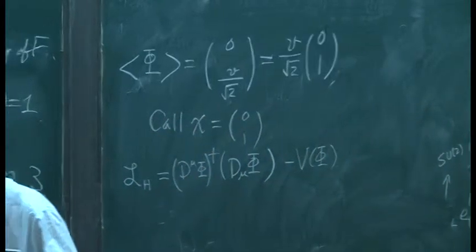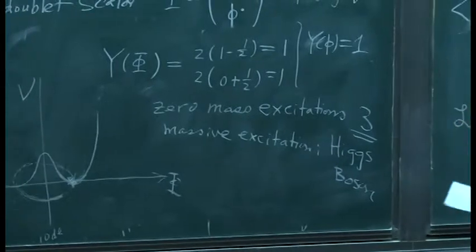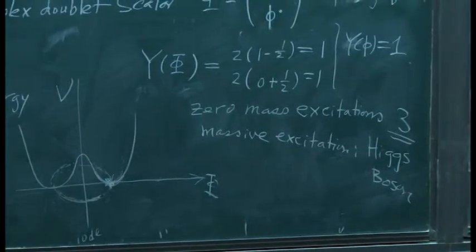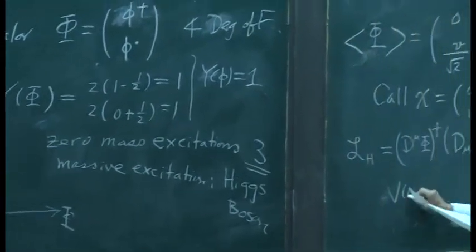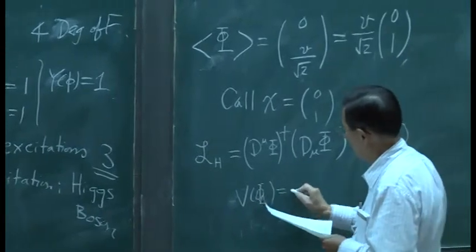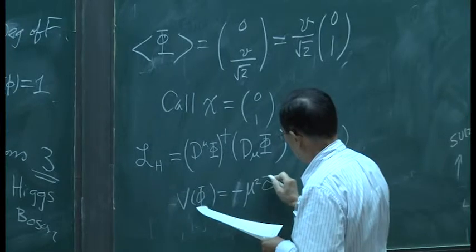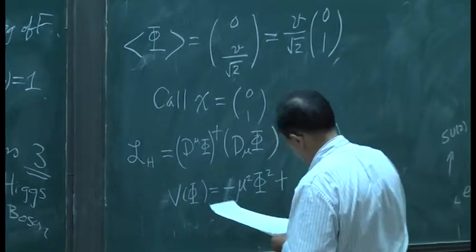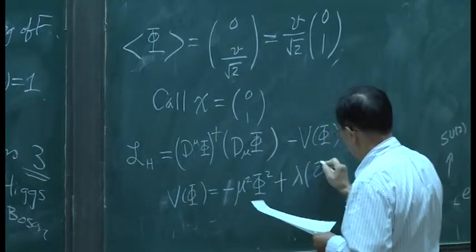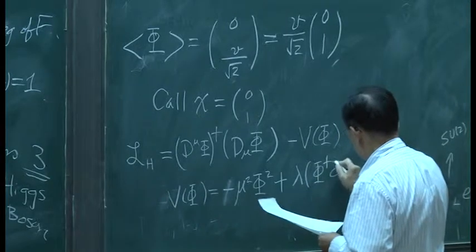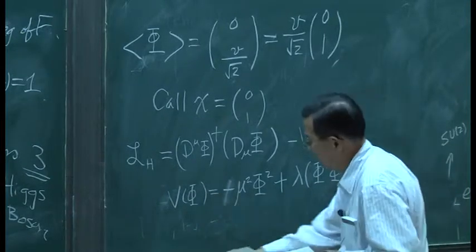Okay, let me write it down for you: minus mu squared phi dagger phi plus lambda (phi dagger phi) squared.